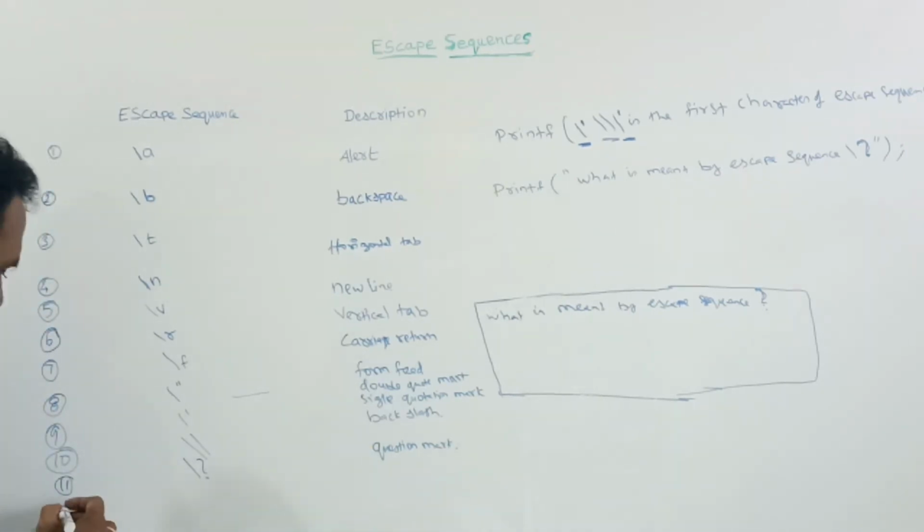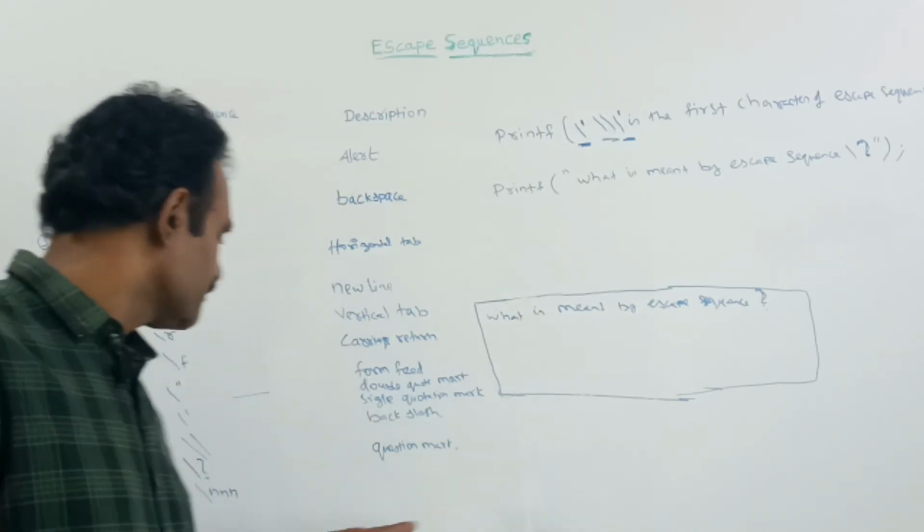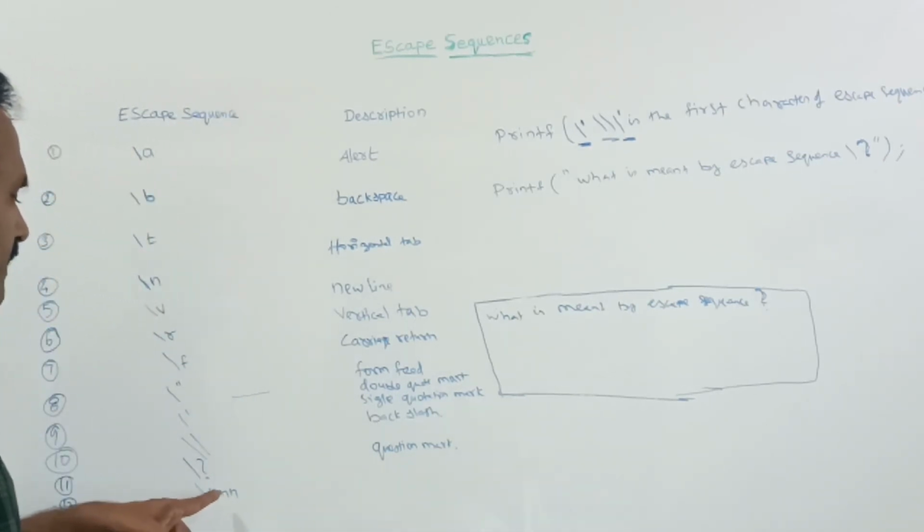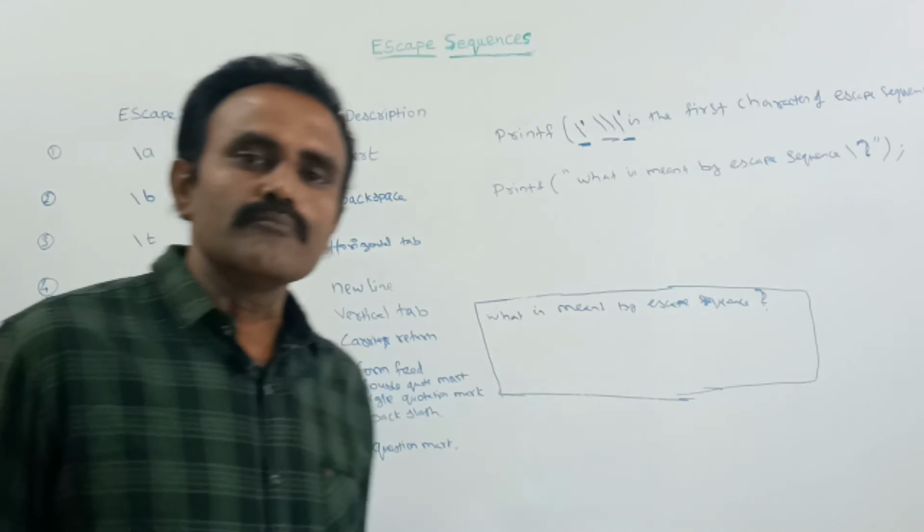Next one, slash n. Here in this byte n, it interprets octal numbers.